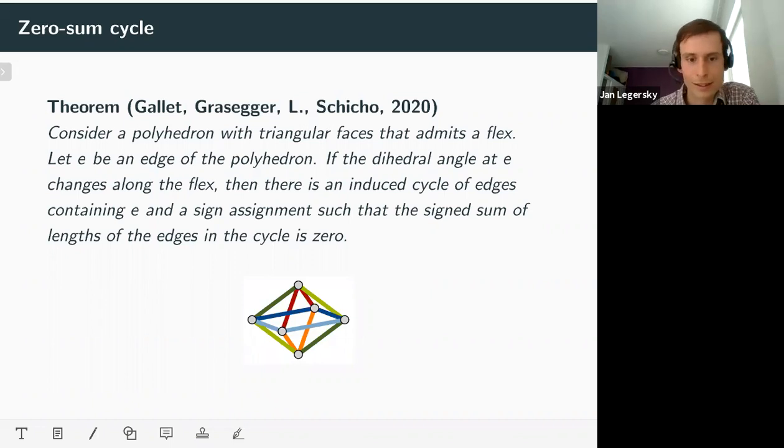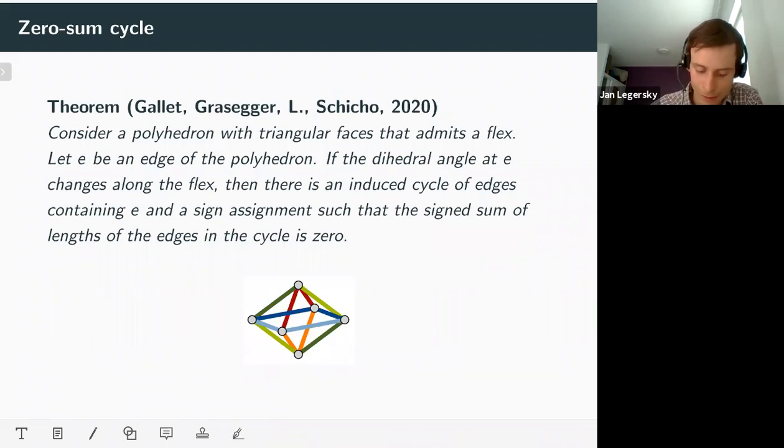So if we now look again at the Bricard octahedron, actually just from this theorem, we indeed get that these 3-4 cycles have to satisfy this zero-sum condition, because in any flexible octahedron, every dihedral angle has to change.